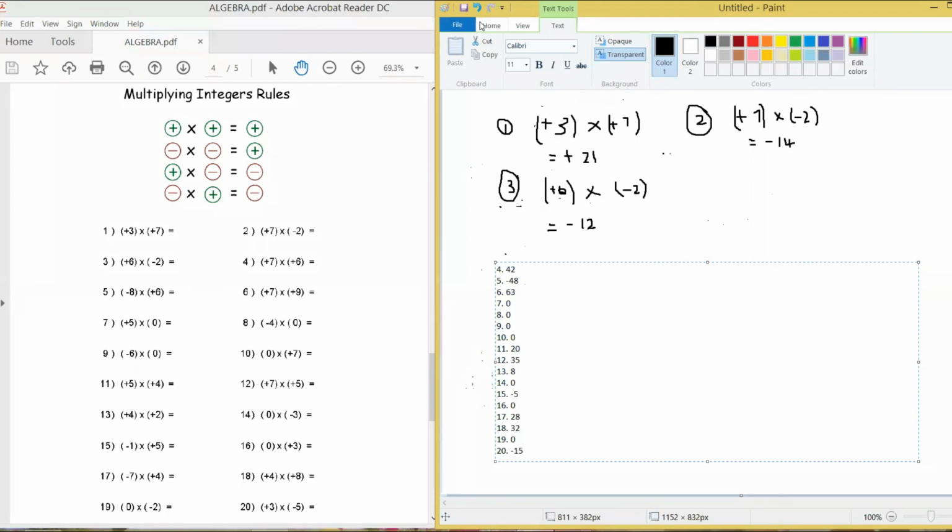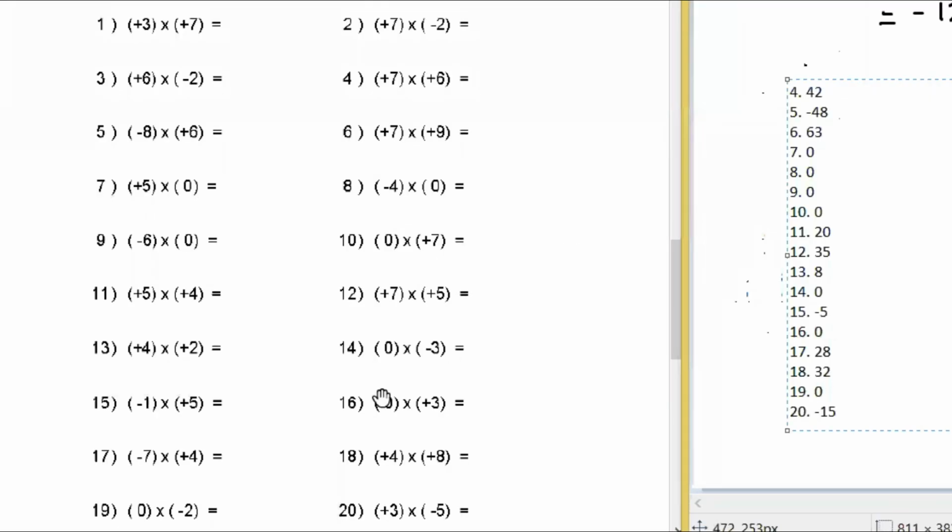Yes, number 17. Yes, I can see, it's negative. Thank you, Atina. So number 17: negative by positive gives us a negative answer. 7 fours, 28. Well done.